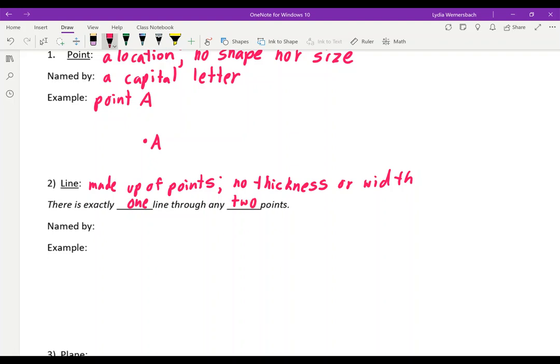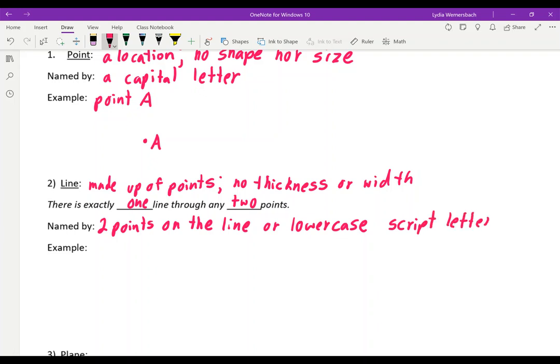So the way that we can name a line, we have more options than we do for just a regular point. We can name it using 2 points on the line, or we can name it using a lowercase script letter. And by script, it's like a cursive letter.